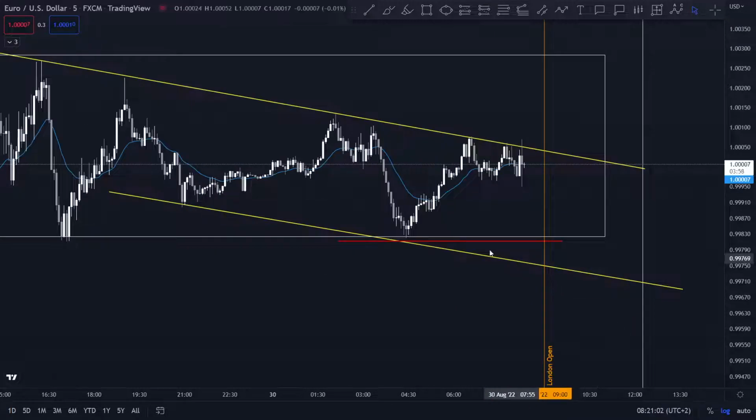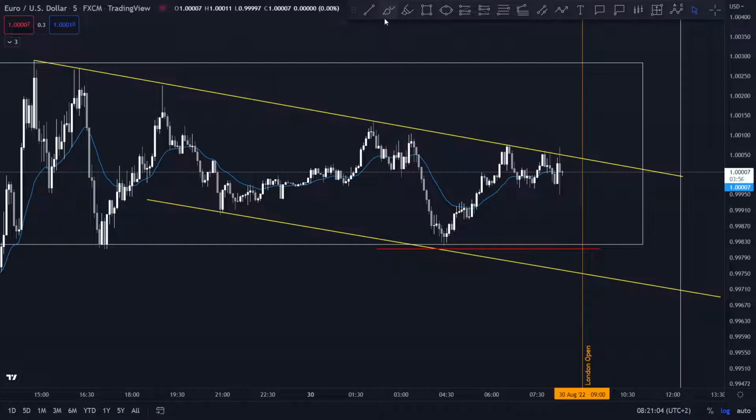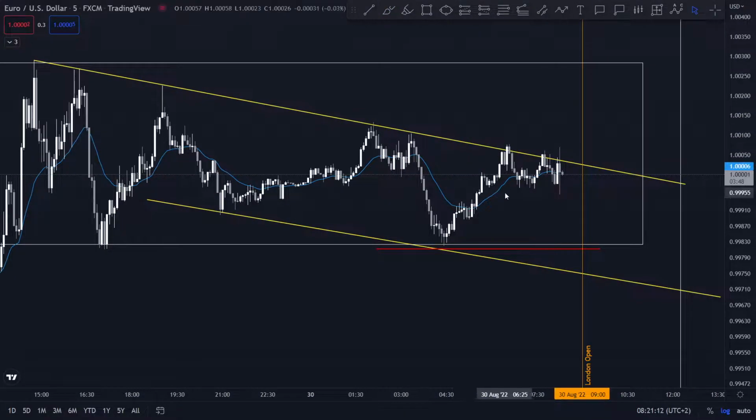I clearly don't know what's going to happen, but if lots of traders are actually looking to short this trend line here, what happens is the market goes up, comes down, goes up, double top, comes down, goes up, comes down.